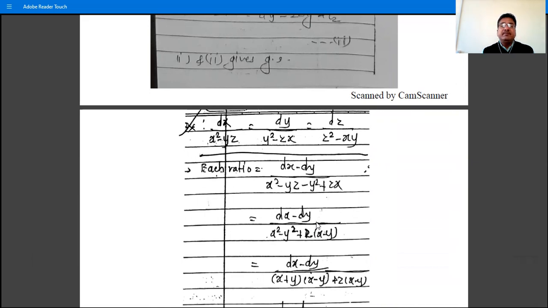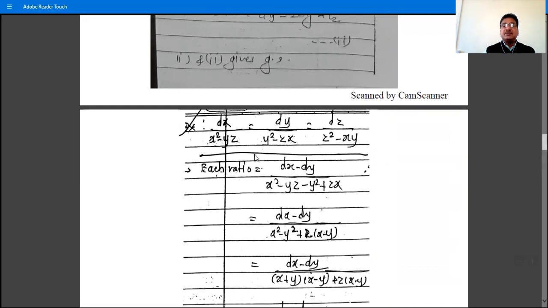Okay. Next example of the same type: dx divided by x square minus yz, dy divided by y square minus zx, and dz divided by z square minus xy. Then each ratio is equal to dx minus dy. That is, consider multipliers 1, minus 1 and 0.